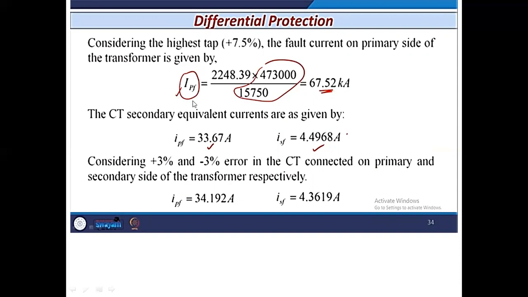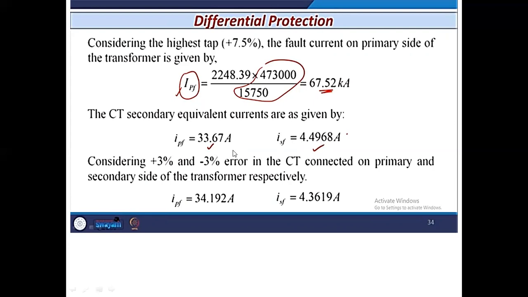Using the CT ratios of 10,000 by 5 and 500 by 1 on these currents, the current comes out to be these two values, IPF 33.67 and ISF 4.49.